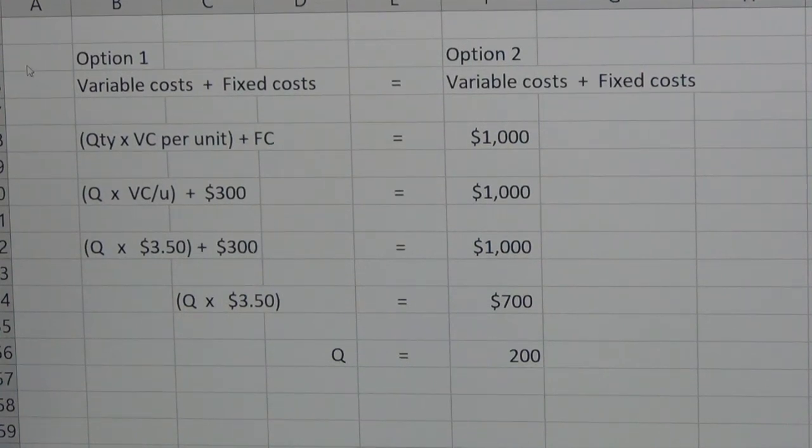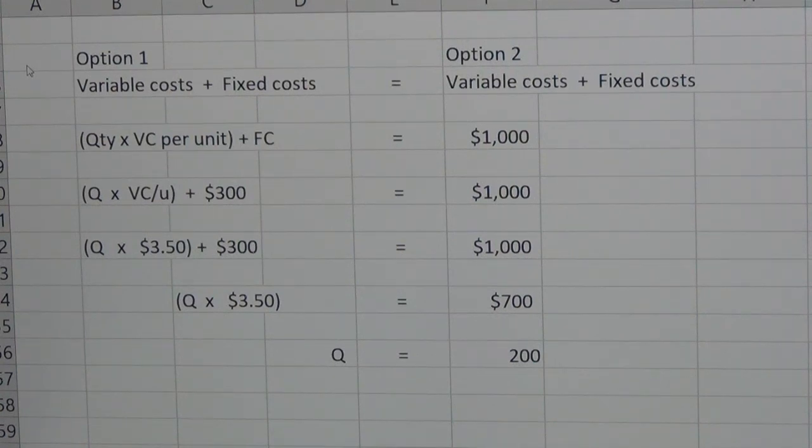At this point, we know that if we think we can sell 200 units, then we're indifferent. For the most part, we can do either option 1 or option 2 and just feel good about it. There's really no difference in our case. But the question becomes, what do you think? Are you going to sell more than 200 units, or less than 200 units?